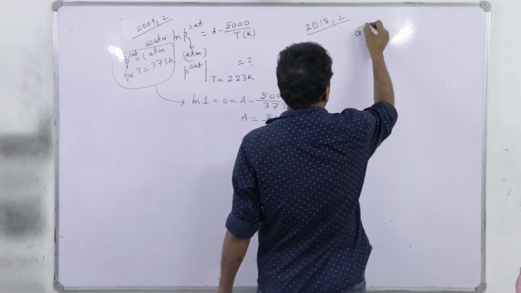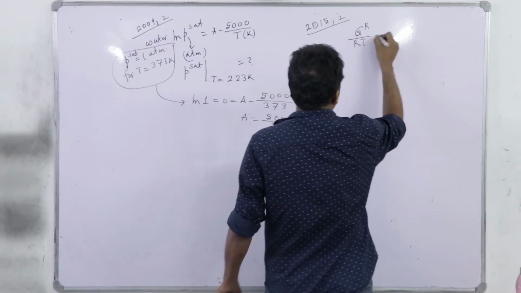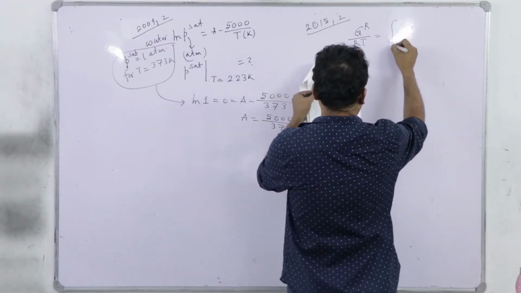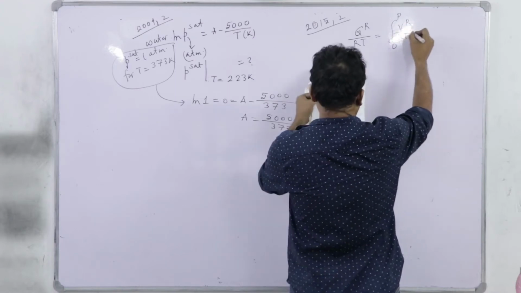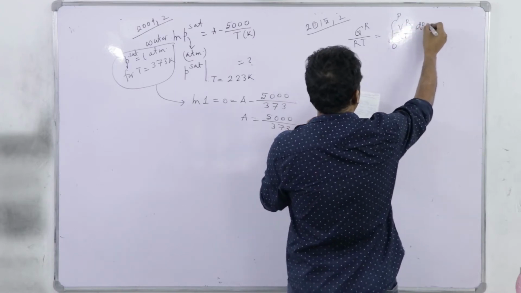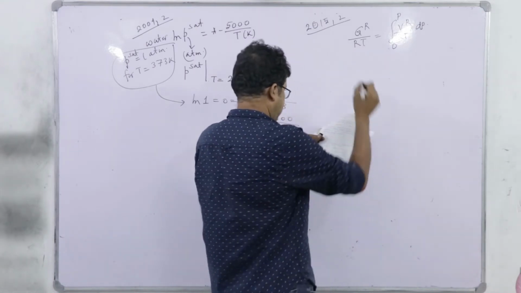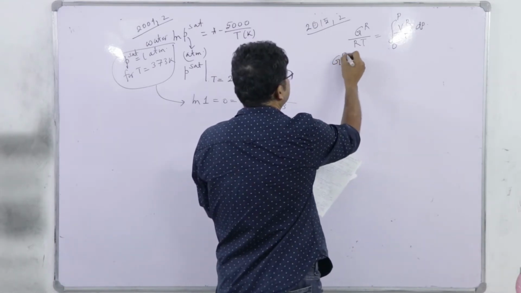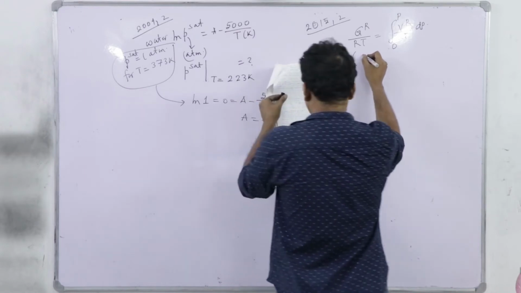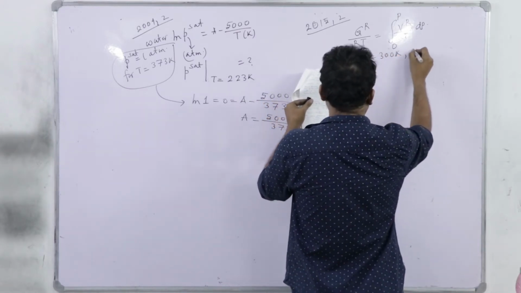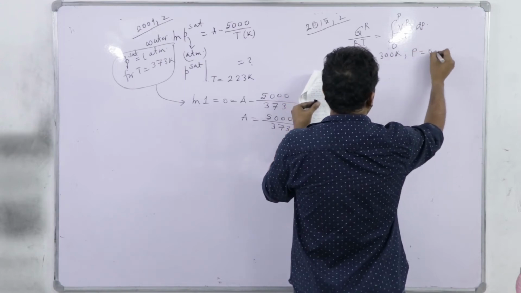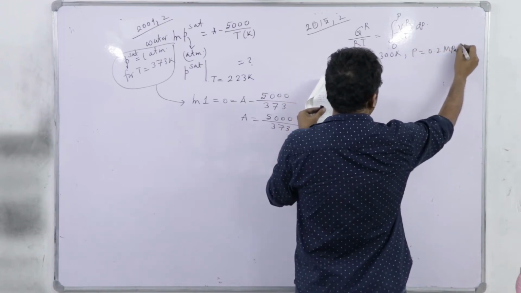It's given that GR by RT equal to the integral from 0 to P of VR by RT dP, right. Find GR at T equal to 300 Kelvin and P equal to 0.2 megapascal.